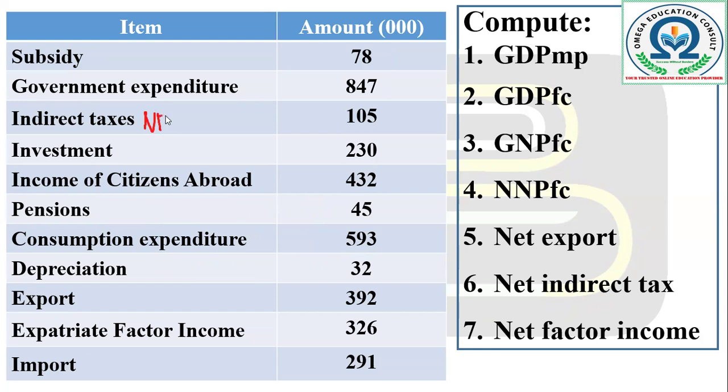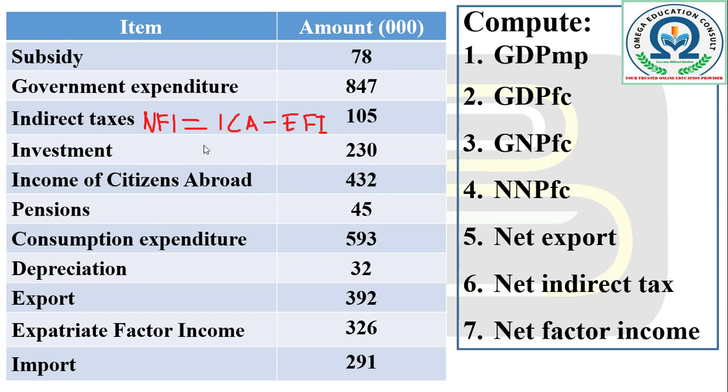So net factor income is equal to income of citizens abroad minus expatriate factor income. That's what we call the net factor income from abroad, right? The amount of money that our citizens are receiving or spending abroad minus the amount of money that foreigners are spending or receiving in the country.